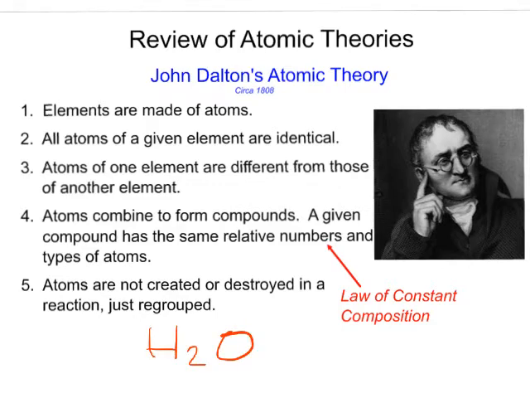There's our little water molecule. We know that the next water molecule also has 2 hydrogens and 1 oxygen, just like the first. And if we have another water molecule, it will also have 2 hydrogens and 1 oxygen. If it doesn't, if, say, we have 2 hydrogens and 2 oxygens, then it is not water. It's hydrogen peroxide.